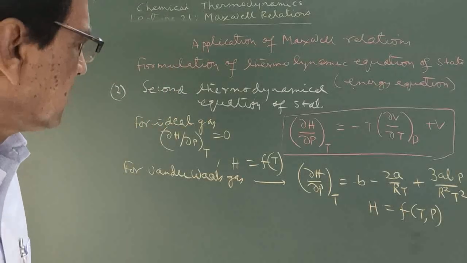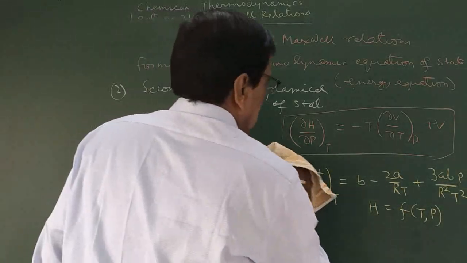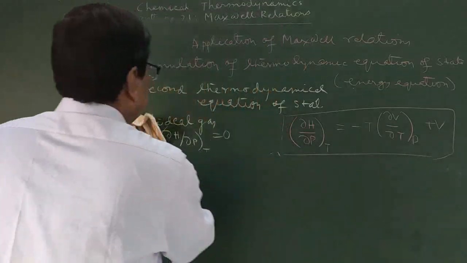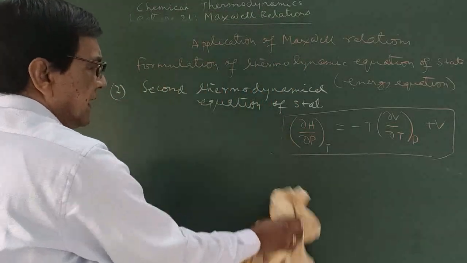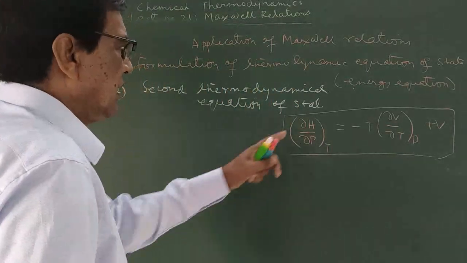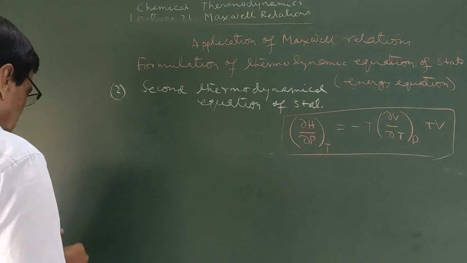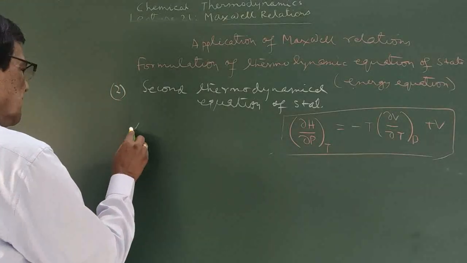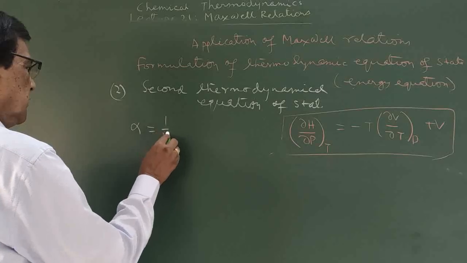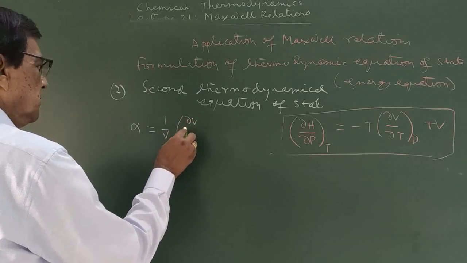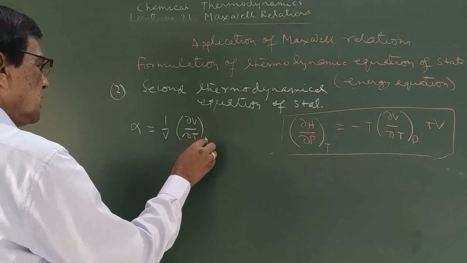This term could also be expressed in terms of alpha. Say alpha equal to 1 by V into del V by del T at constant pressure.